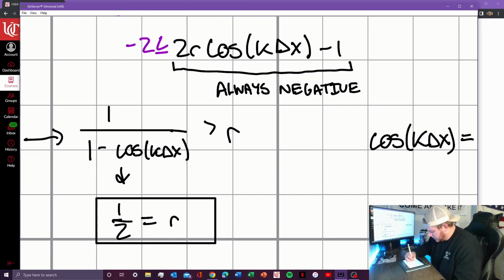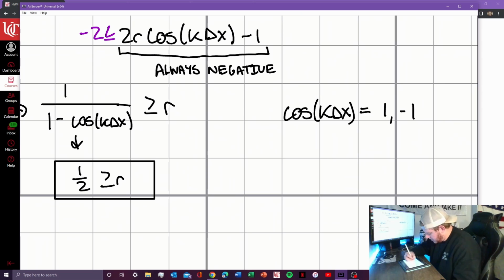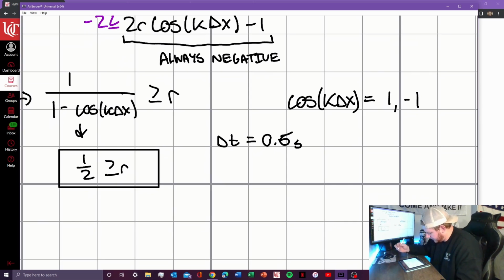So r must be less than or equal to 1/2. And just a reminder that from the last part, our time step had to be 0.5 seconds, which is 1/2, obviously.